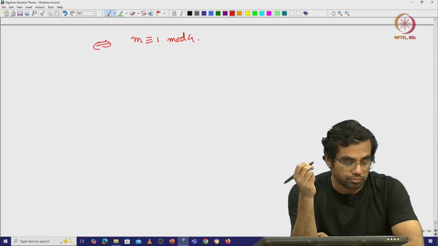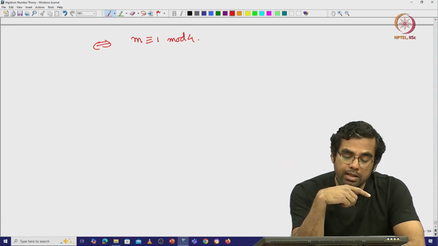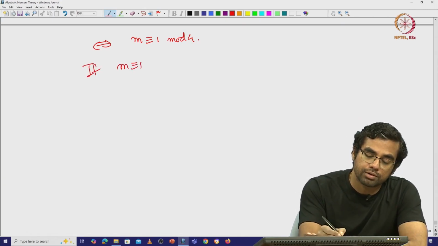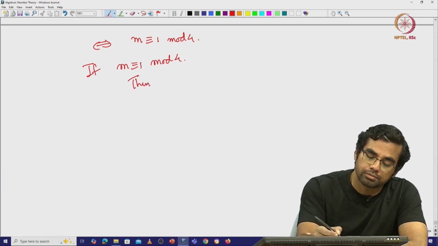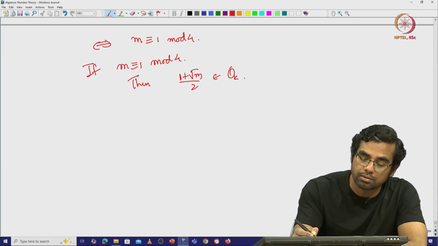Okay. All right. So, in this particular case, if m is congruent to 1 mod 4, then (1 plus square root of m) by 2 is also in OK.